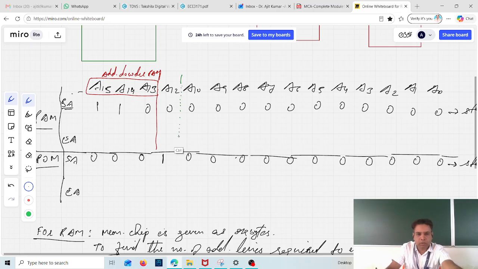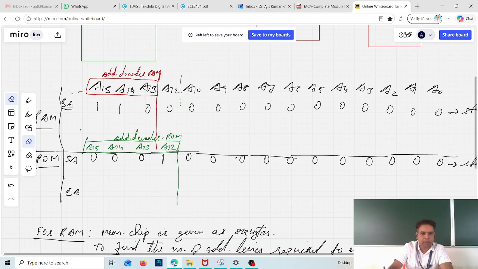Let me write here also: A15, A14, A13, A12. They will be connected as input to the address decoder circuit for ROM. This end address I will write here.